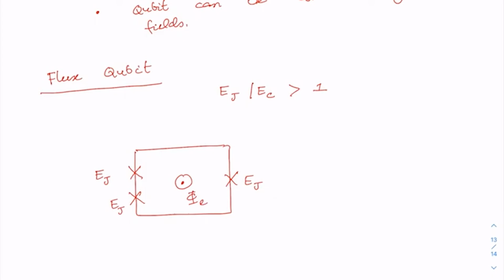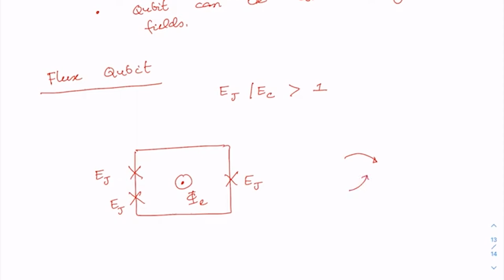That is the magnetic flux Phi that flows across the closed loop, and this flux induces two circulating supercurrents. One current may be in this direction, the other in the other direction.